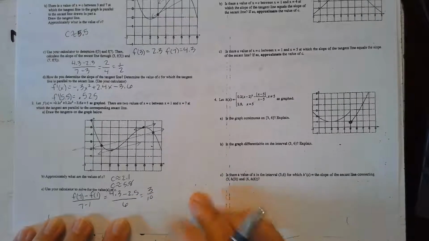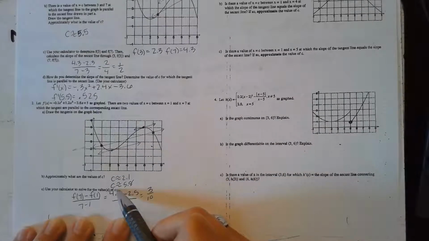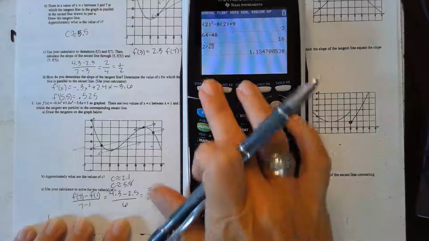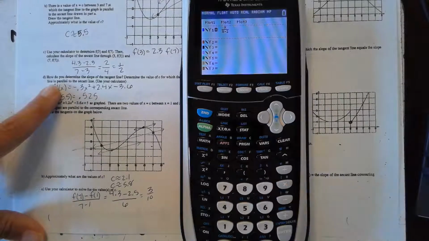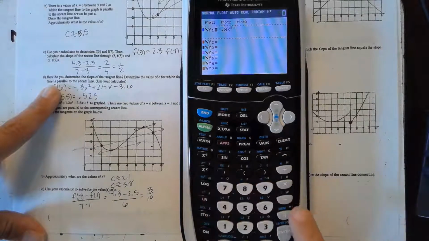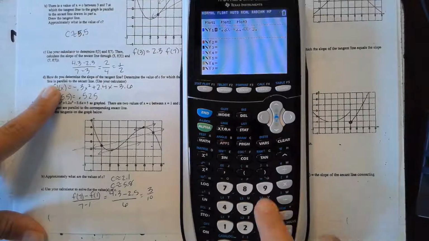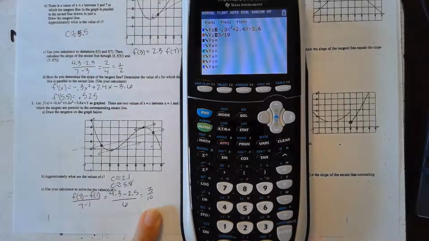So here we know the slope of this line is 3/10. To solve for the value of c, we want to take our calculator and take this derivative up here, negative 0.3x squared plus 2.4x minus 3.6, and we want to know when it's equal to 3/10.